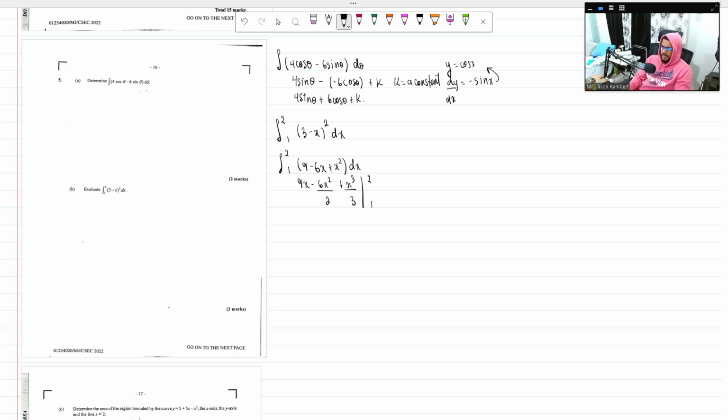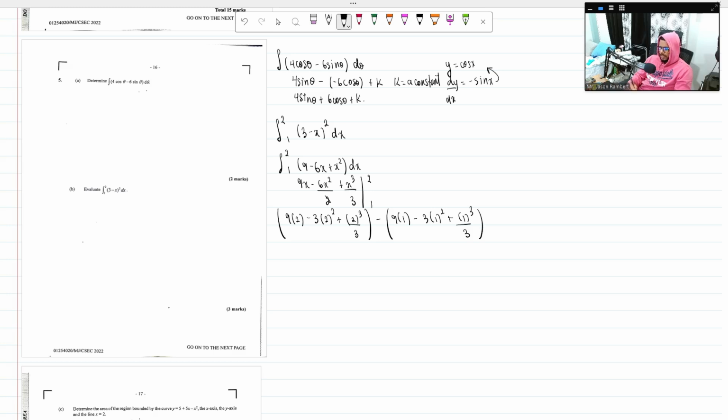So I'll simplify while I plug in my limits. I'm going to get 9 into 2, take away 2 into 6 is 3, 3 into 2 squared plus 2 cubed over 3, take away 9 into 1, take away 3 into 1 squared plus 1 cubed over 3.